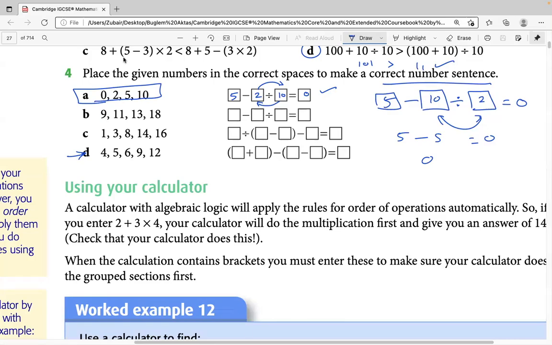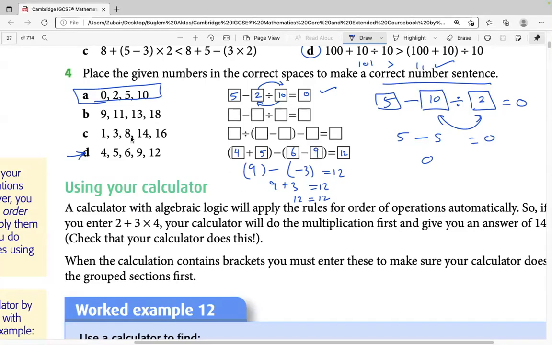Can you show me this one? Yes. Luckily, the numbers are all in order already. That is 4, 5, 6, and 9, then 12. Now, 4 plus 5 would be 9, minus 6 minus 9 is minus 3. Minus minus is plus 3. So 12 equals 12. Okay. Right?